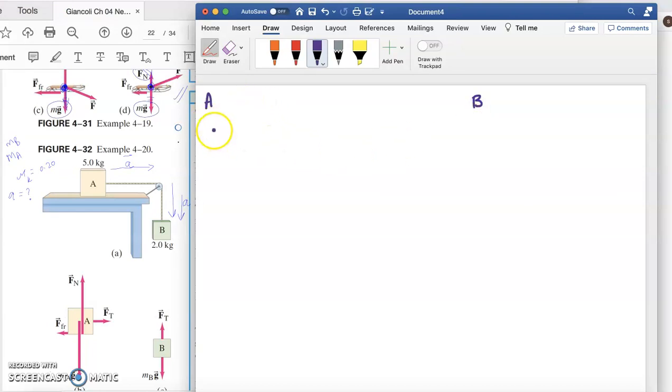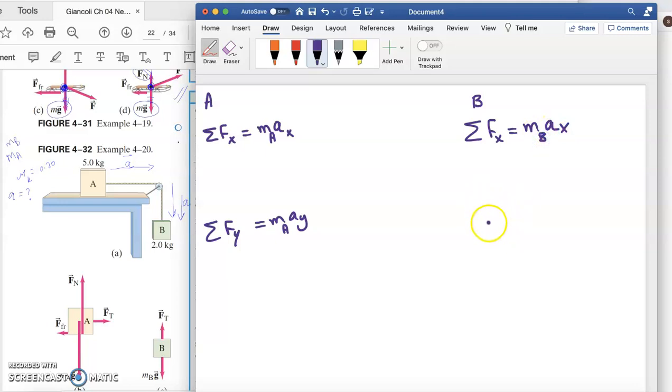And we are applying Newton's second law, which is summation of F_x equals m a_x, and then we are also applying summation of F_y equals m a_y. Don't forget, this is not just m, it is m for object A. Same thing for B. Summation of F_x is equal to m a_x, and summation of F_y is equal to m a_y, and this is for object B. It's very important to write the notation properly.